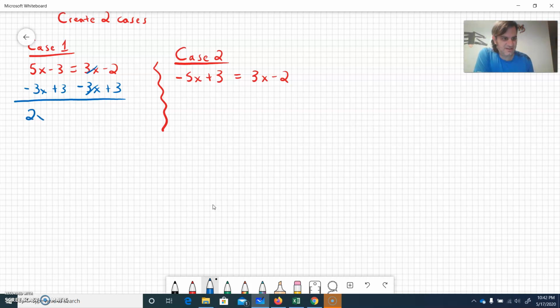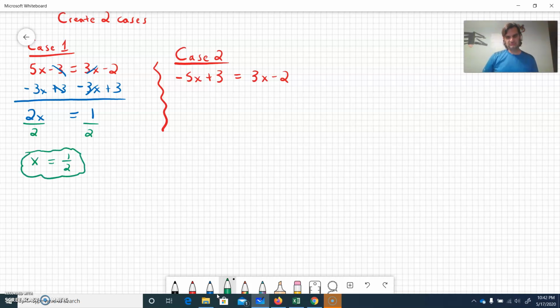So on the left I get 2x equals 1. Okay. So all my x's are now on the left, non-x's on the right. So I just need to divide by the coefficient, which leaves me with x equals 1/2 as a solution. Yay, it's a fraction. We're going to check that in a moment.